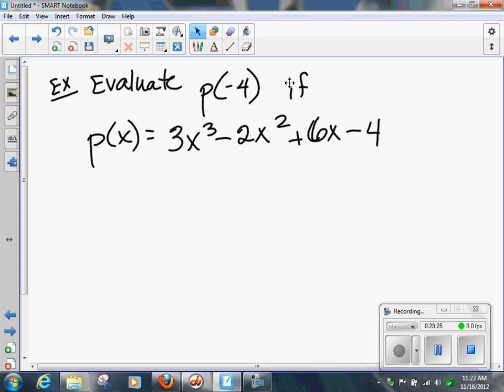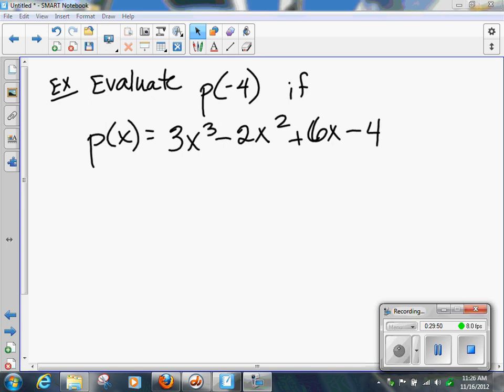I want you to evaluate P of negative 4 if P of x is equal to 3x cubed minus 2x squared plus 6x minus 4. I want you to evaluate, simplify, solve, whatever. Give me an answer for that. You don't need me to tell you what to do because you've done this before.